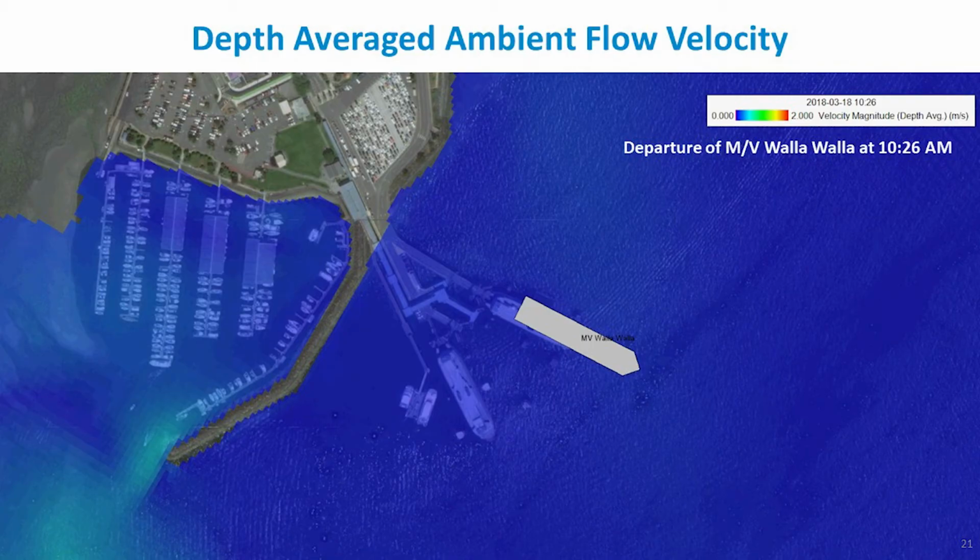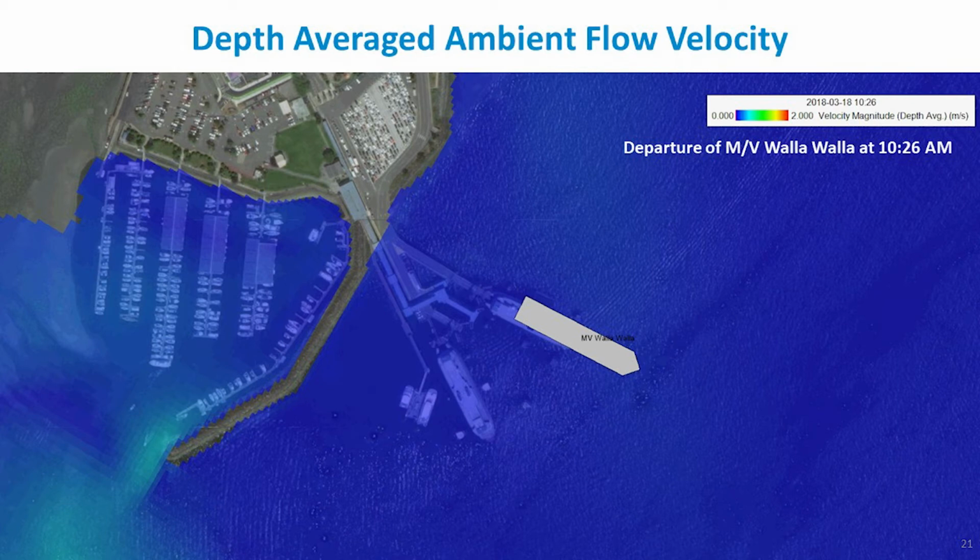This slide is showing the plan view of a ship track with the velocities once I turn on the animation. The basic size and shape of the vessel is displayed in gray. This particular vessel is the Walla Walla that we're going to visualize here.